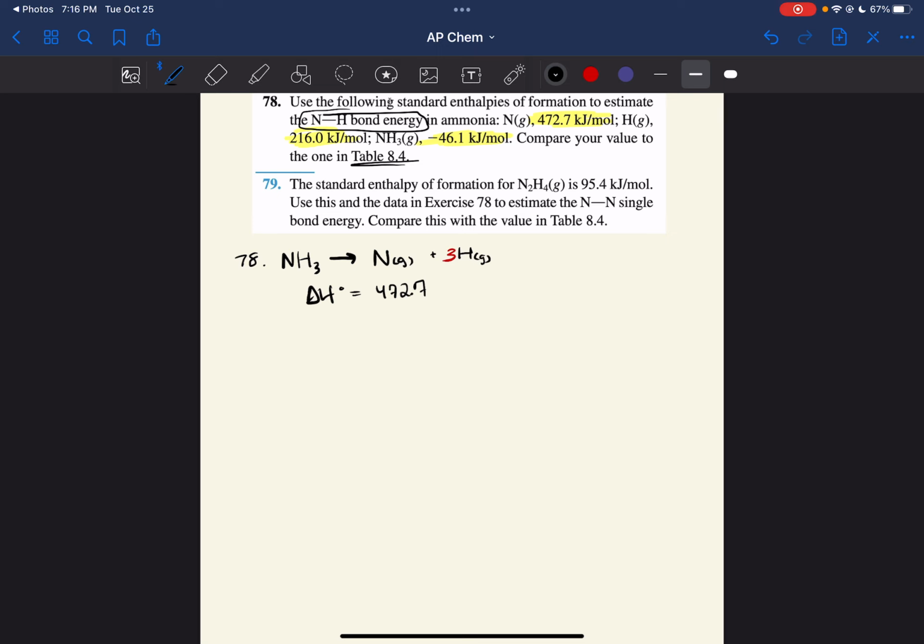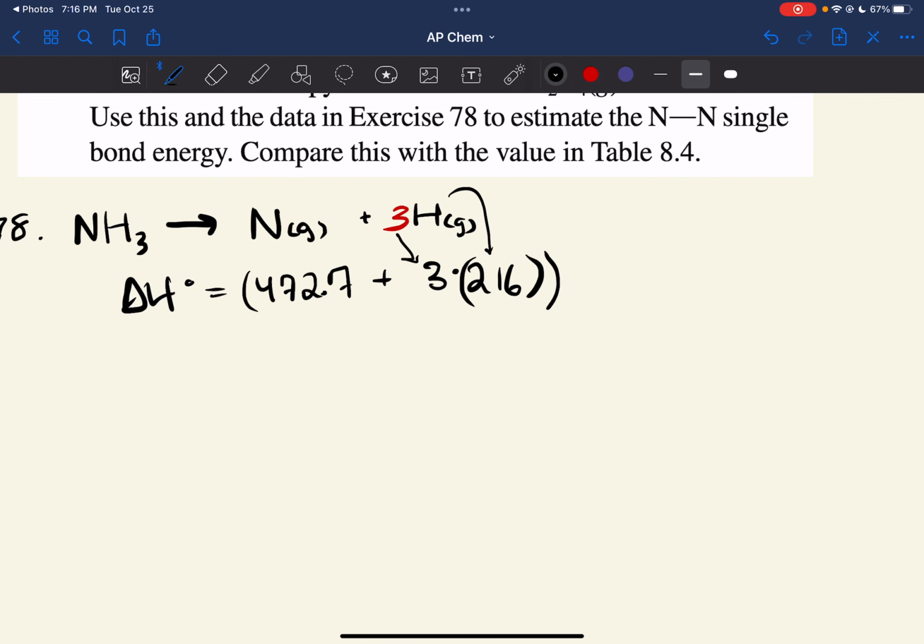So I'm going to take my delta H equal to 472.7, plus 3 times 216, because 3 hydrogens and 1 is 216, subtracted by my value for my NH3, which is 46.1.